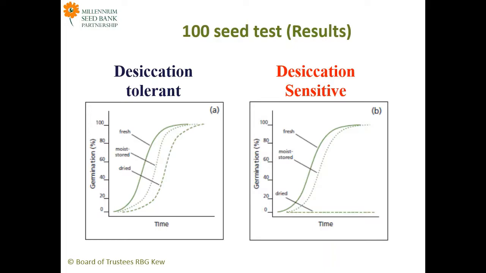Note that I've said desiccation tolerant and not orthodox or recalcitrant. Again, another limitation of this test is that it does not have a step that stores the seeds at -20 degrees C after drying, and you can only call the seed orthodox if it is able to tolerate desiccation and storage at sub-zero temperatures.